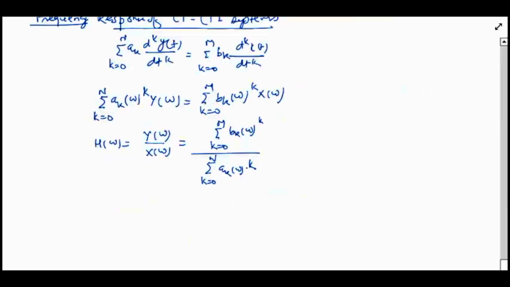Okay, let's see an application of it. So an example.